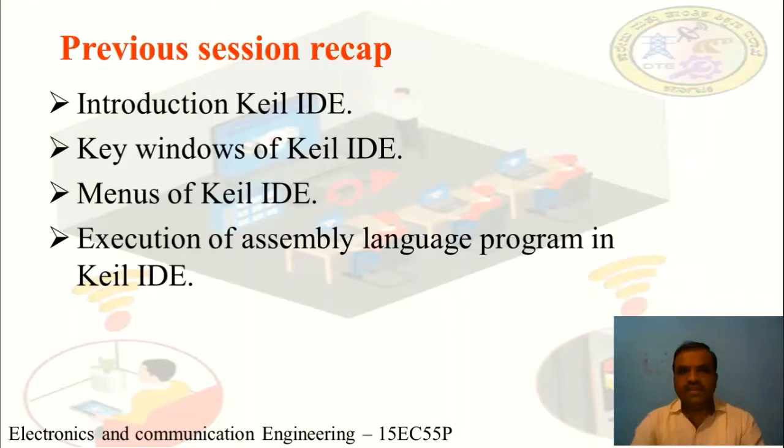In the previous session, you have learned about Introduction to Keil IDE software, different key windows of Keil IDE, different menus of Keil IDE, and also you have seen how to write and execute an assembly language program in Keil IDE.